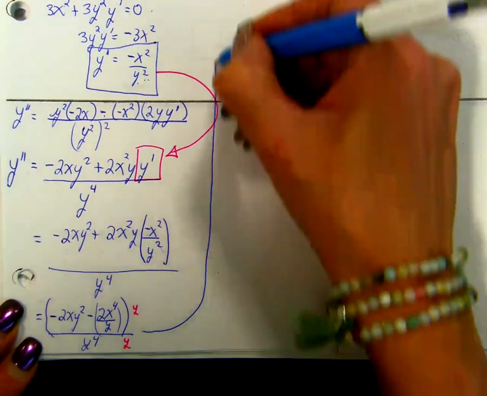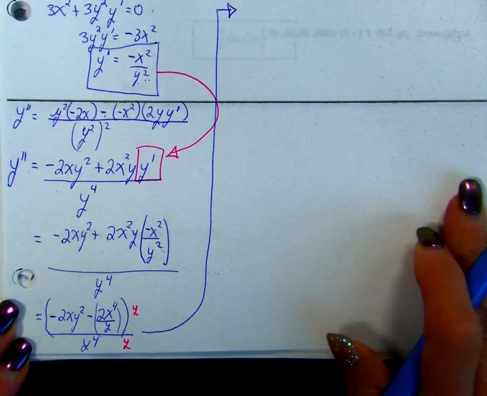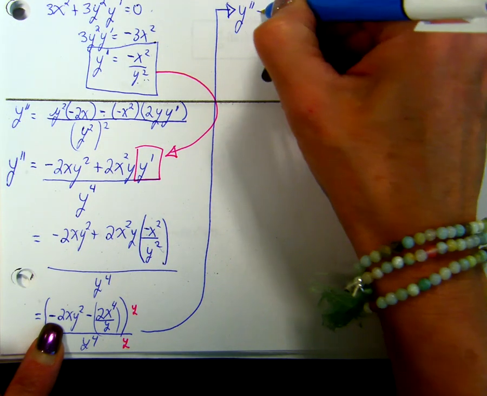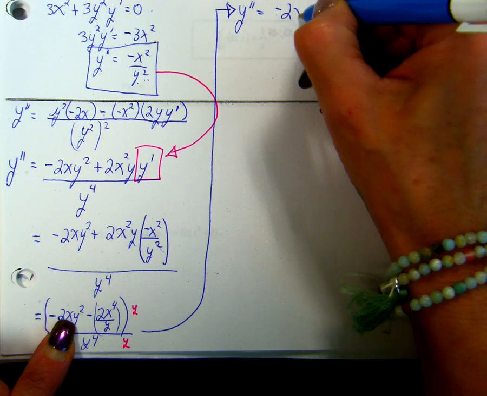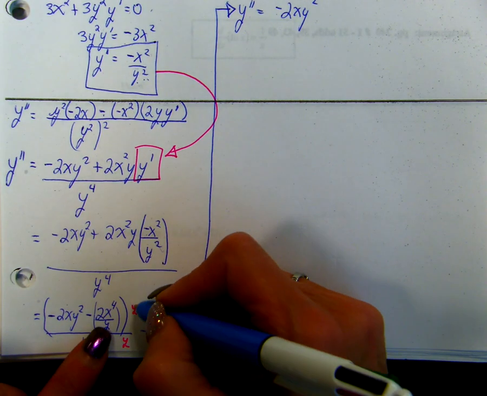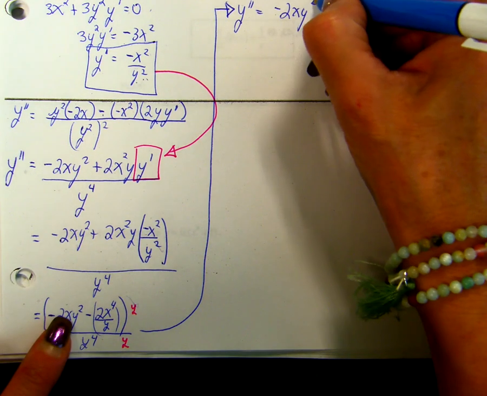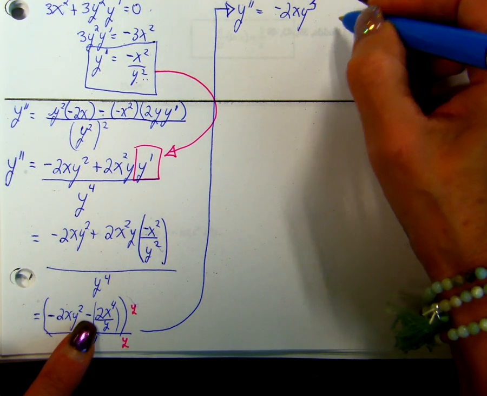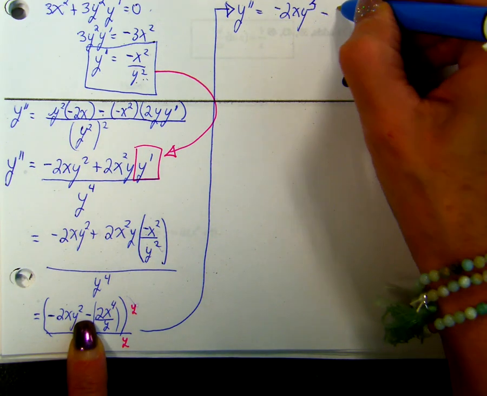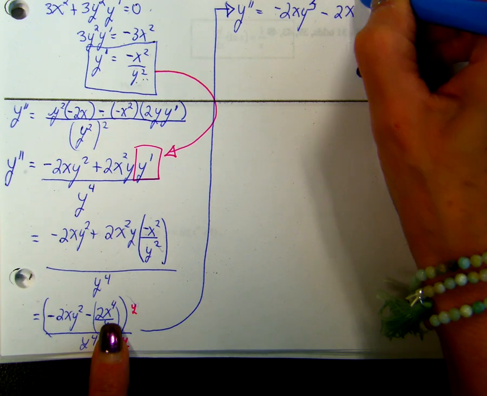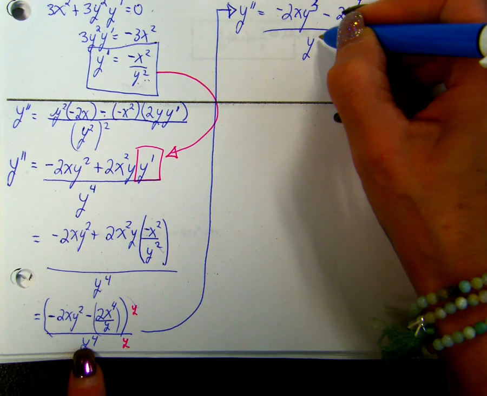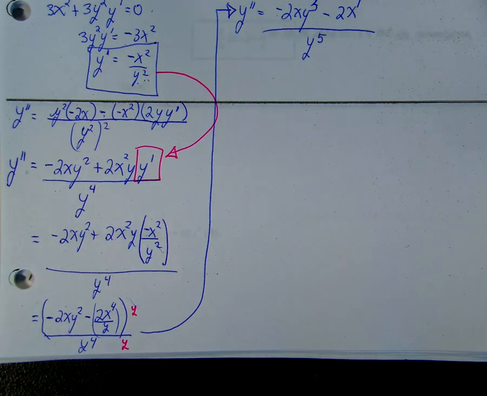Let's take this work up here and finish this off. So y double prime is equal to negative 2xy squared, and this y has to distribute to both: negative 2xy cubed minus 2x to the fourth all over y to the fifth.